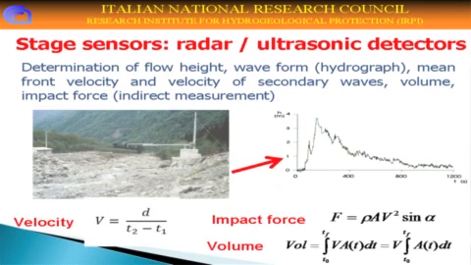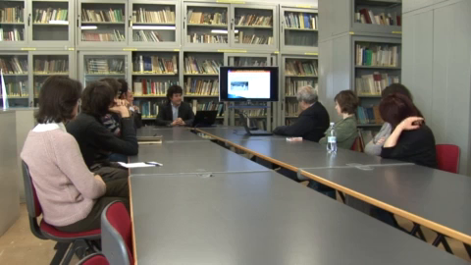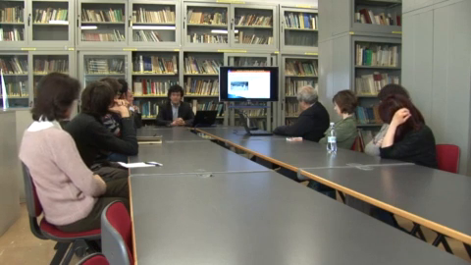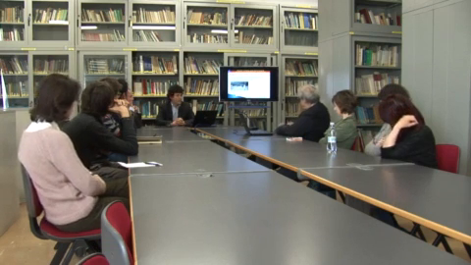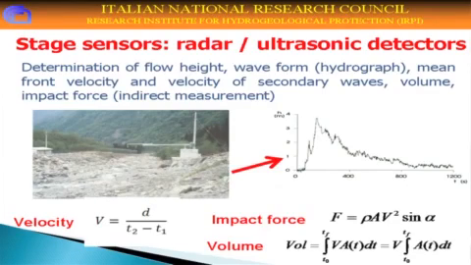In this photograph you can see an ultrasonic sensor. We are in the Moscardo torrent here, and the stage sensor can be employed to measure and estimate different types of information. One of these is the mean velocity of the front, and this is usually measured using 2 or more ultrasonic stage sensors placed at a known distance along the torrent.